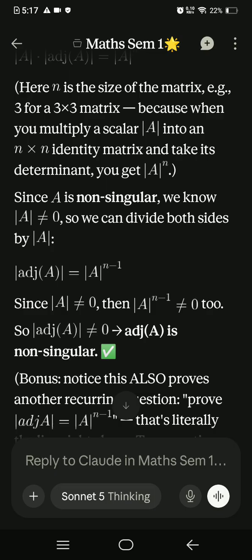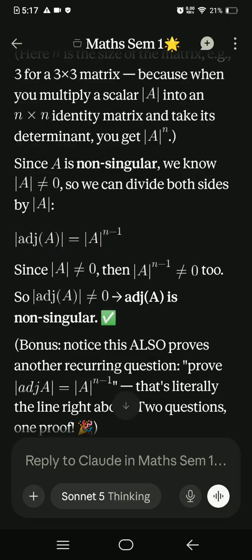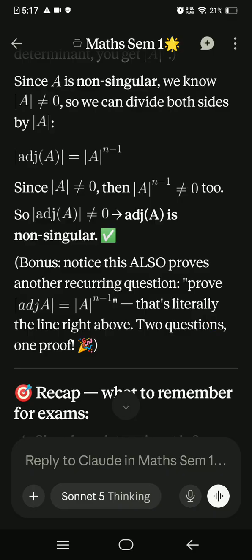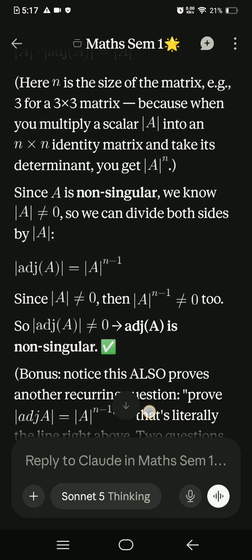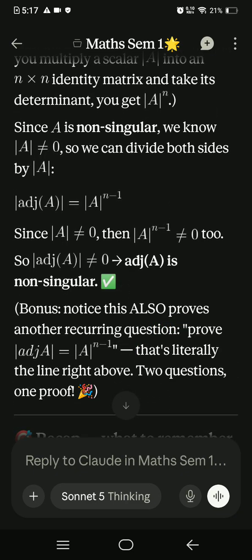So the adjoint of A is not equal to 0. Because this is not equal to 0, then this is also not equal to 0. Then the adjoint is non-singular. A little tricky, but fine.